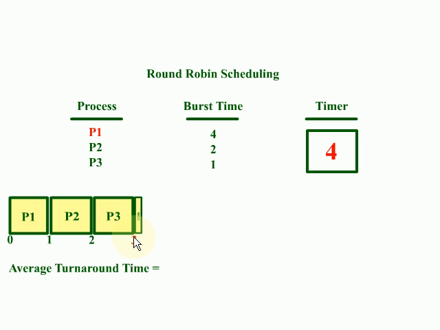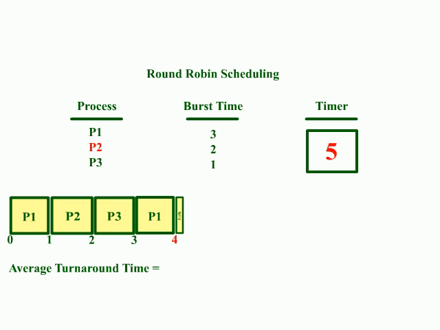For the first 1 second it was executing P1, the next 1 second it was with P2, the next 1 second with P3. Now again for the next 1 second it will be with P1. So let's put P1 into the processor. It's 4 right now. When the execution ends, we again reduce 1 from its burst time, and now the burst time of P1 is 3 seconds. Now the next process is P2.